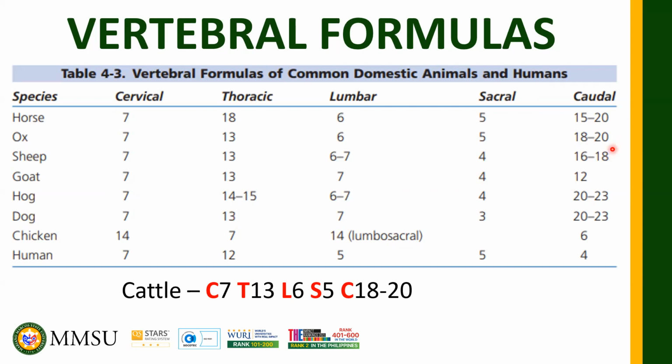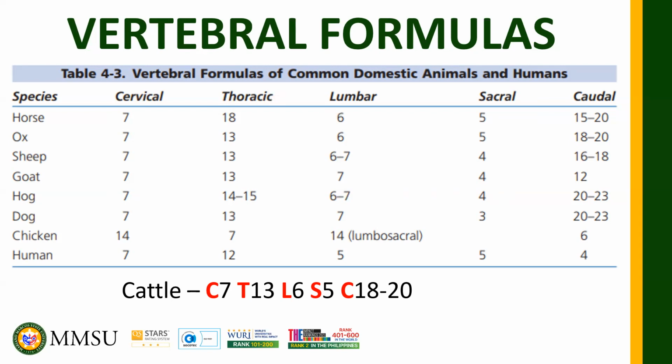But as I've said, always take note that vertebral formulas should be in chronological order. It's not allowed, for example, for the horse, to put thoracic first, then sacral, and then caudal. It should always be cervical, thoracic, lumbar, sacral, and then caudal.